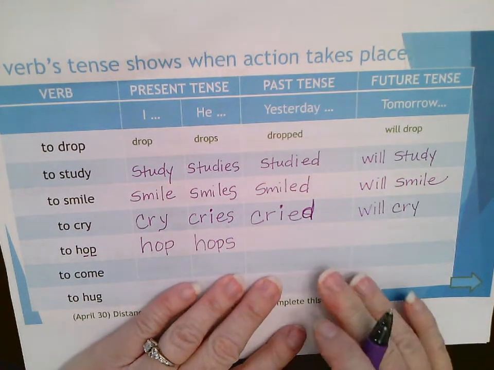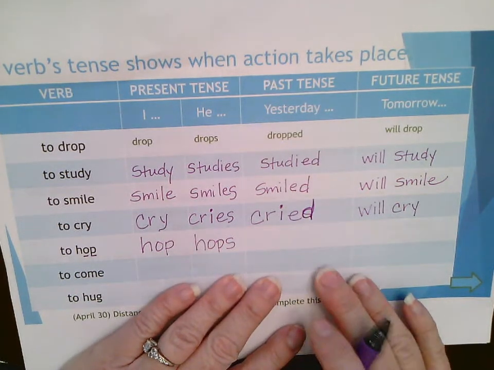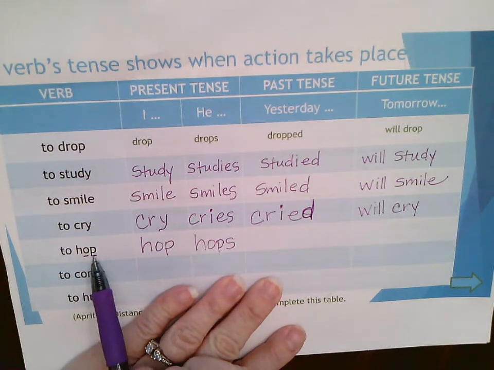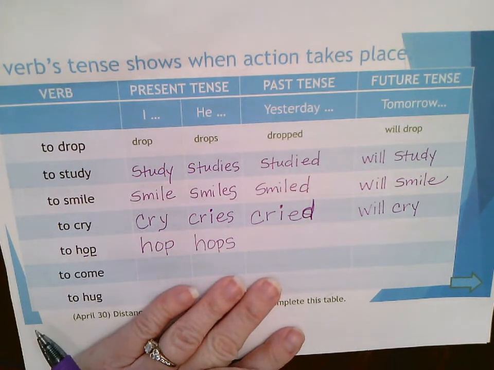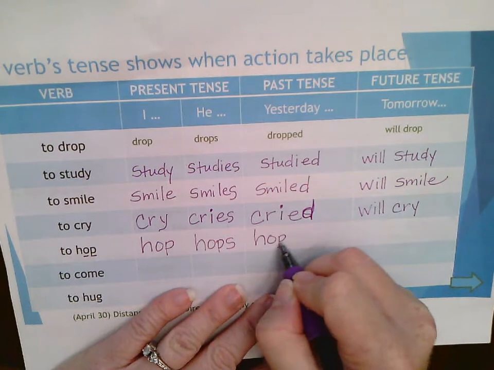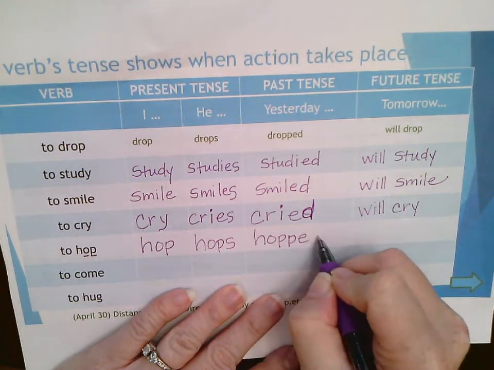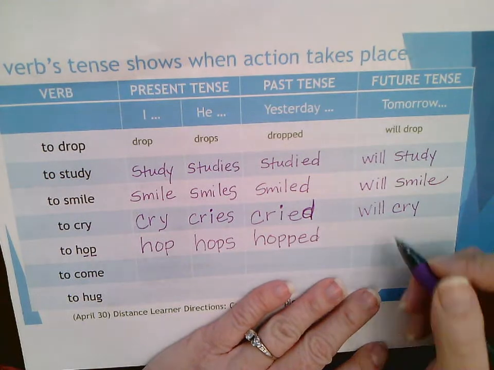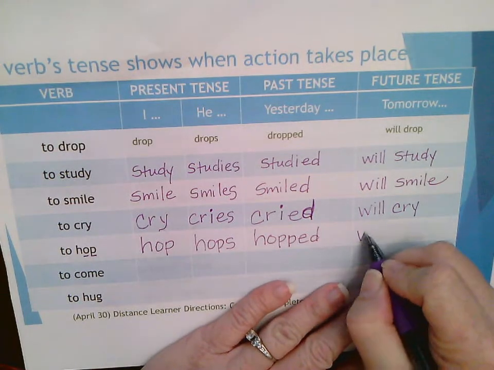Now when I add ED as an ending to a verb with a vowel and consonant, I'm going to have to double that final consonant. So, yesterday I hopped, H-O-P, double that P, then add ED. And future tense, tomorrow he will hop.